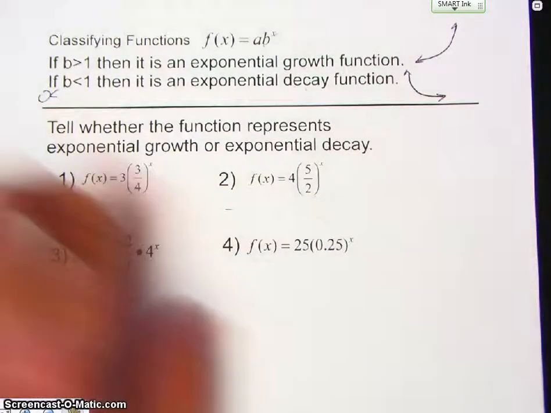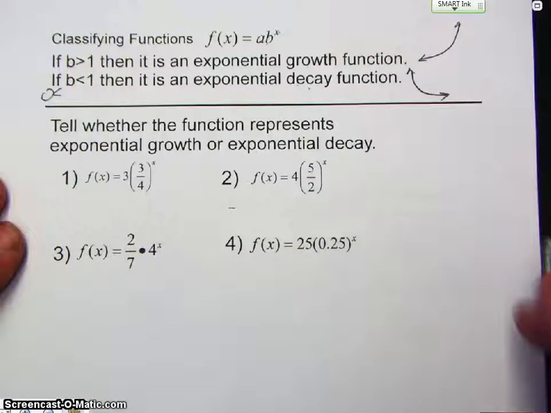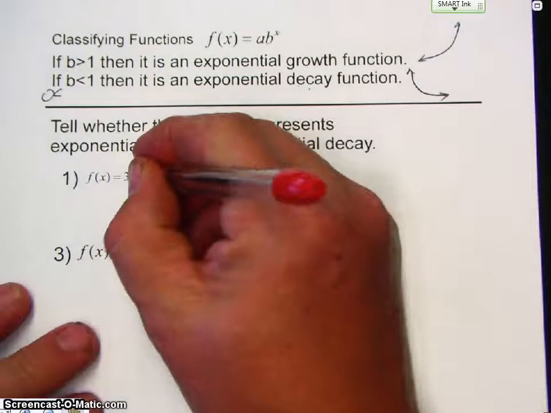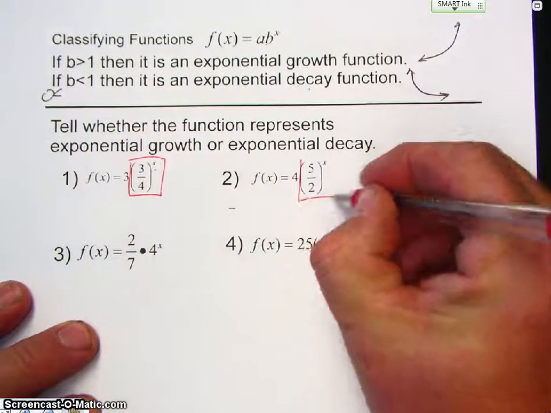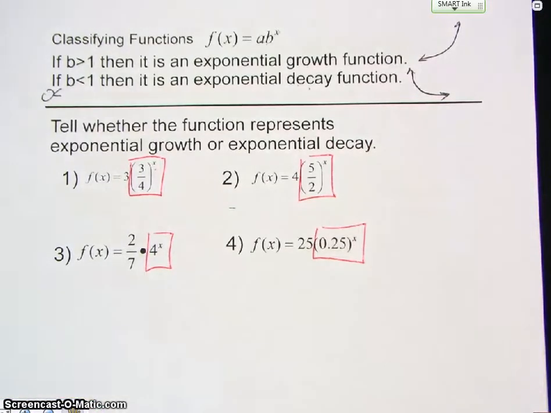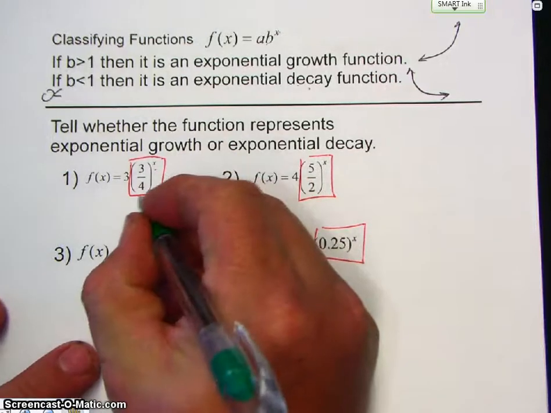Tell whether the function represents exponential growth or exponential decay. All right? So when doing these type of problems, all you look at is the term that has x as the exponent. Once you identify those, then you look at the base, or b.